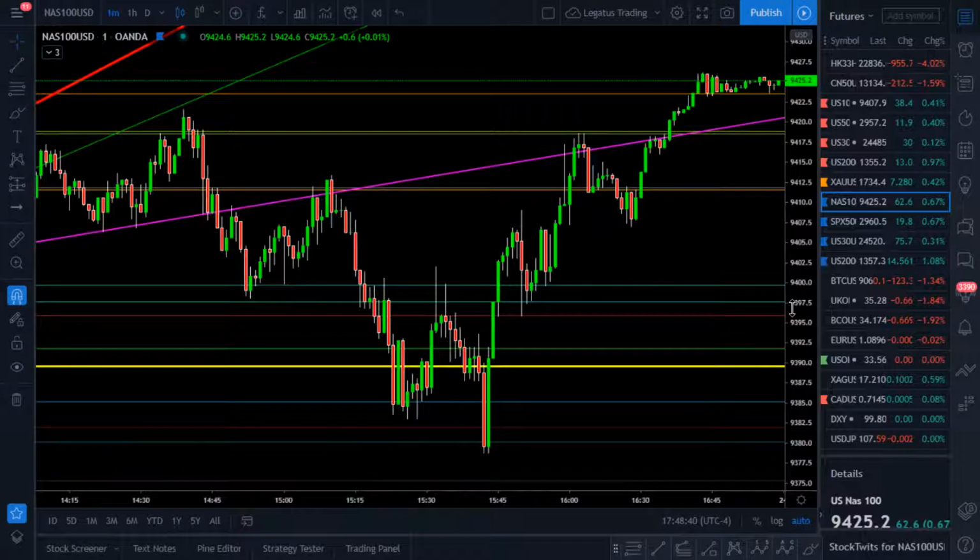So it's like the delta almost. For every point that the Nasdaq moves, your contract is going to move $10, or it could be $5, or $15, and that's the tick size.